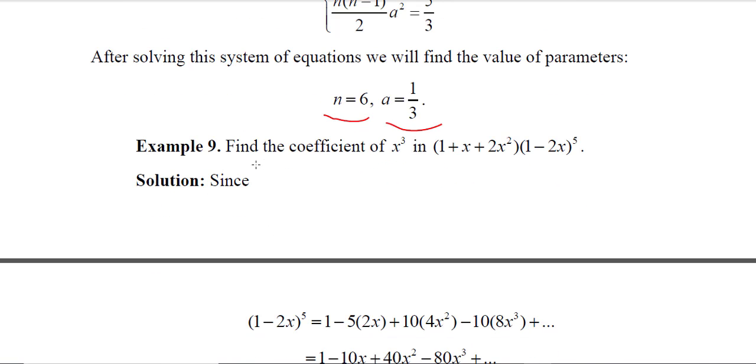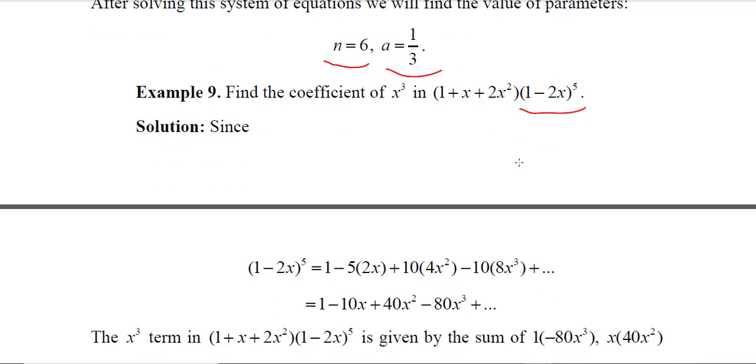Next example. Find the coefficient of x cubed in this product. Yes. So here we have a fifth power, so we need to open this fifth power. We can use here Pascal's triangle or combination elements, yes. And we have this one. So here we need to find the coefficient of x cubed.